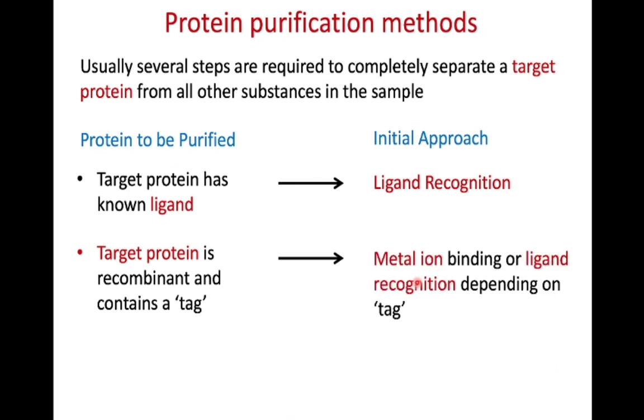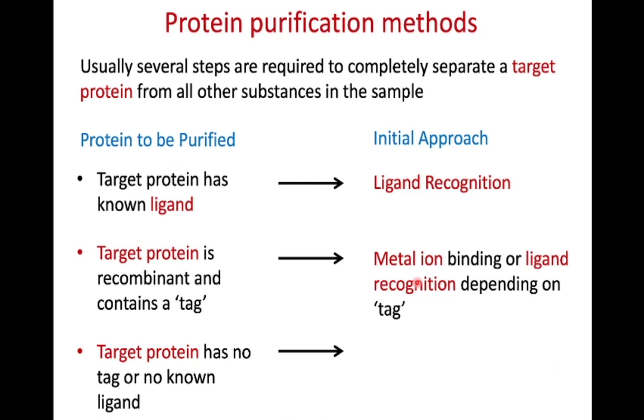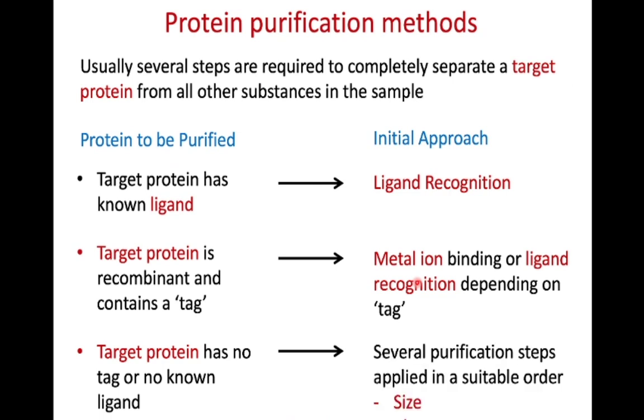We can use different types of tags, so we can use things like metal ion binding in the case of a histidine tag, or ligand recognition depending on the tag. If we have a target protein that has no tag or no ligands, then we need to use other types of purification, and this is where size exclusion and charge come into play, and they can be applied in a suitable order.